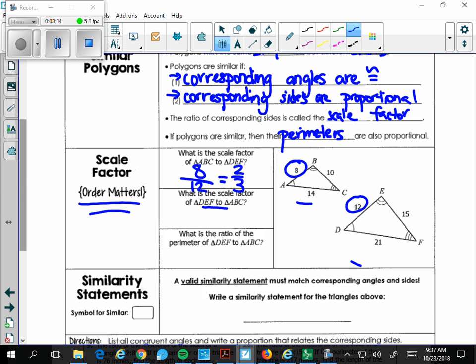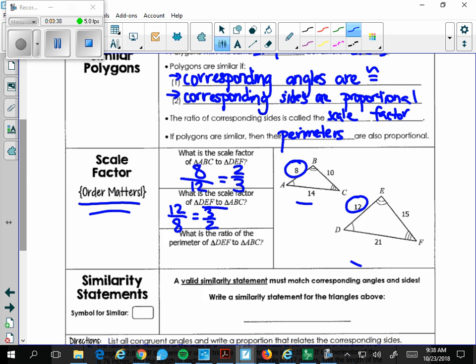So let's look at the opposite way. If I use those exact same sides, and I'm doing DEF to ABC, 12 goes in the top, 8 goes in the bottom. When I reduce, that's 3/2. Which makes sense, because 3/2 is larger than 1. If I had 1 as a proportion, they'd be the exact same thing.